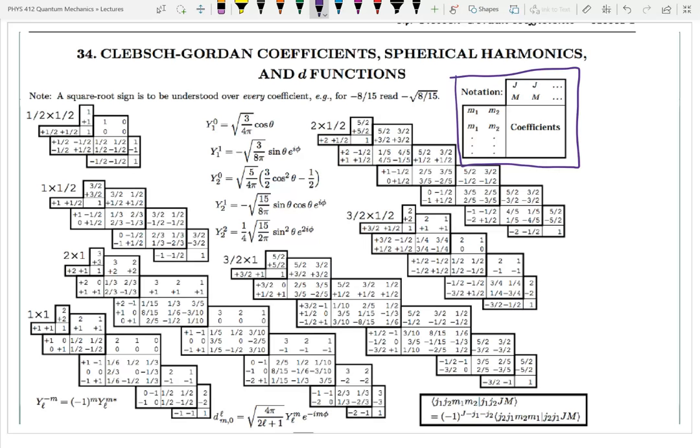So what we just did was 1/2 by 1/2. This is the problem we just did because we had two spin 1/2 particles that we put together.